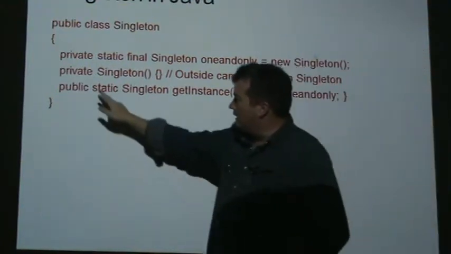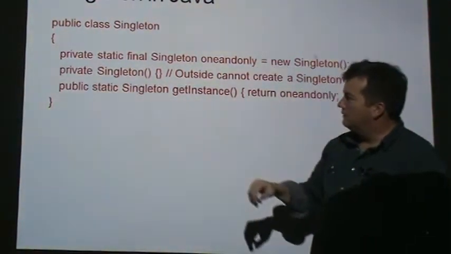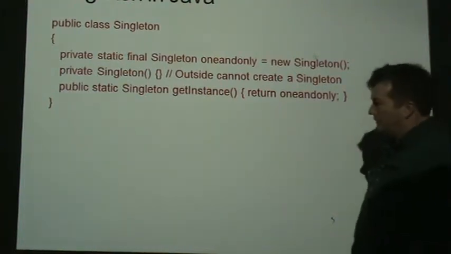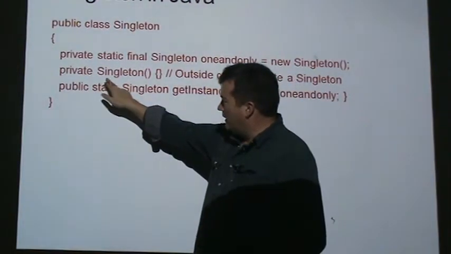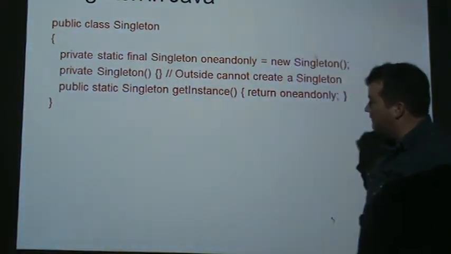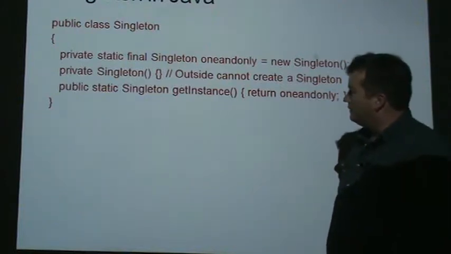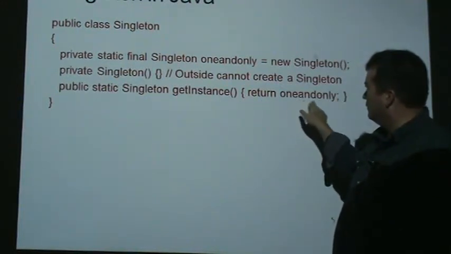Then, once again, we put the constructor in the private section. Java has constructors but no destructors. We put the constructor in the private section so that anybody on the outside couldn't create a singleton. Then we need a method to access it, so we have a public static singleton get instance, which will return the one and only.